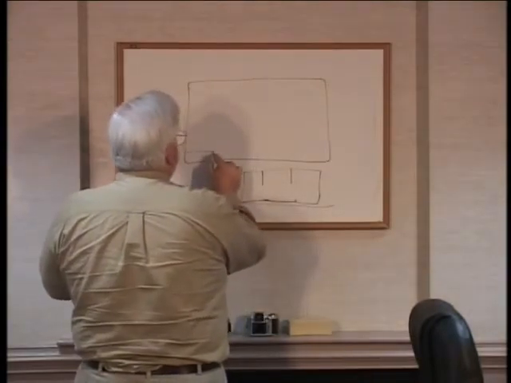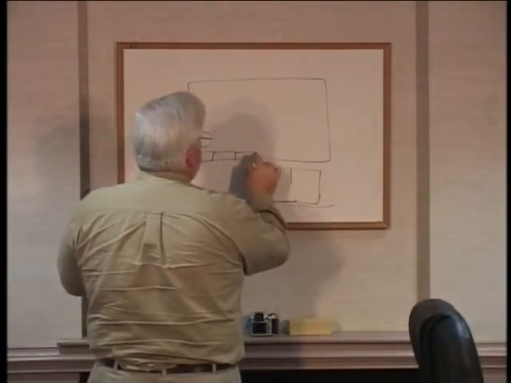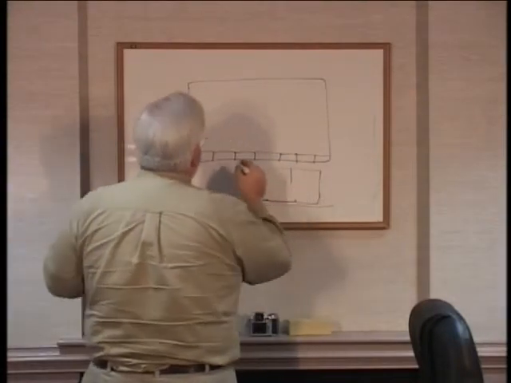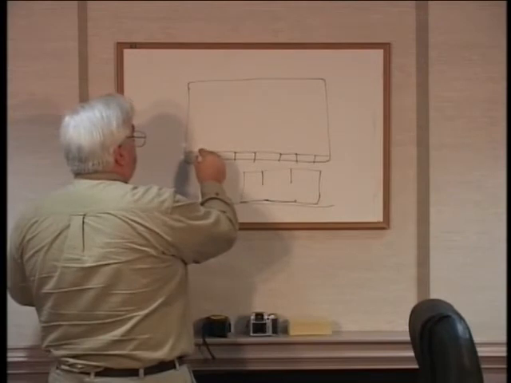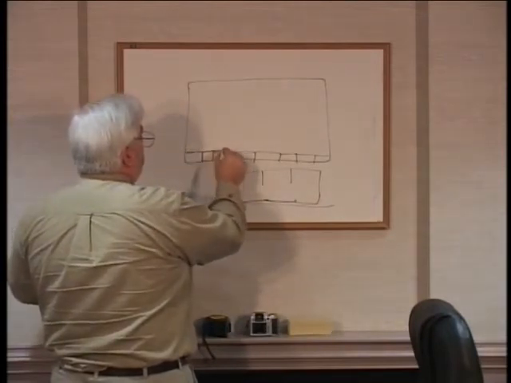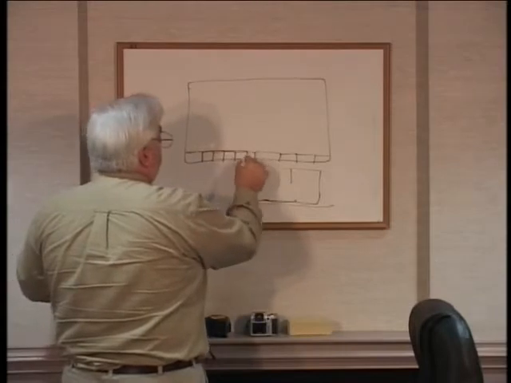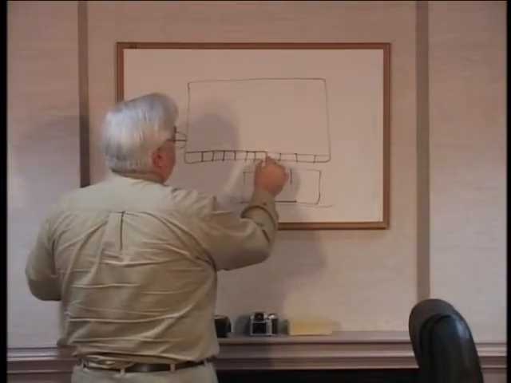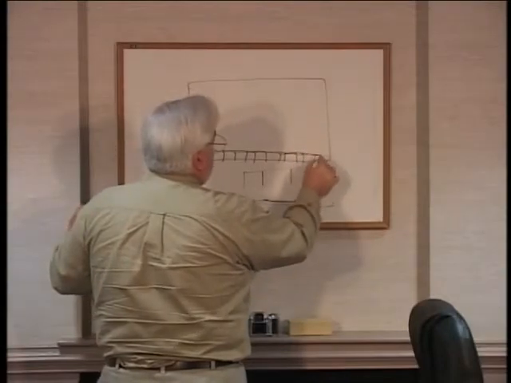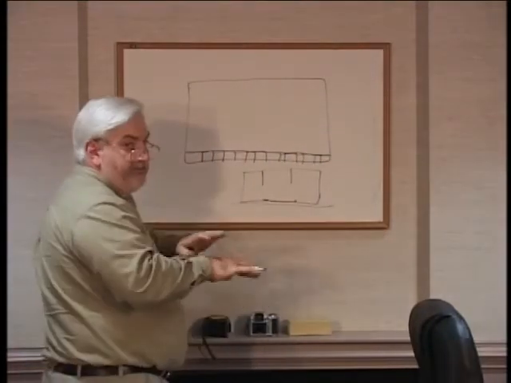They put them down like this. And then they put the next one on, which would go on like this. And then they put another one over here, and another one over top of this one, another one over top of that one, so that the seams are no longer over top of each other.